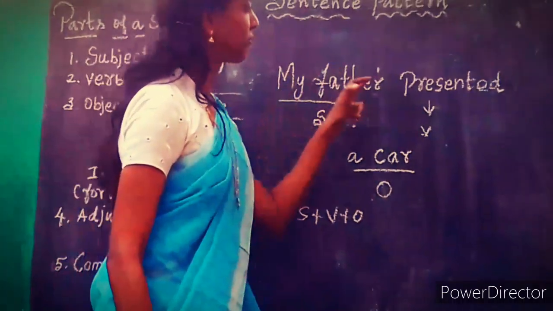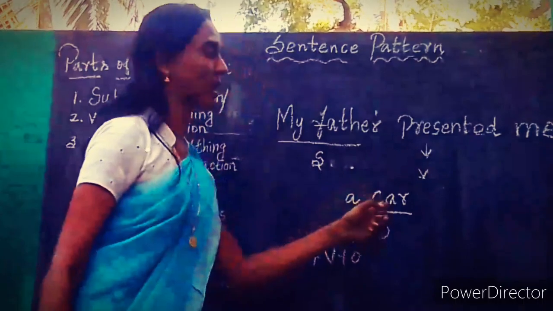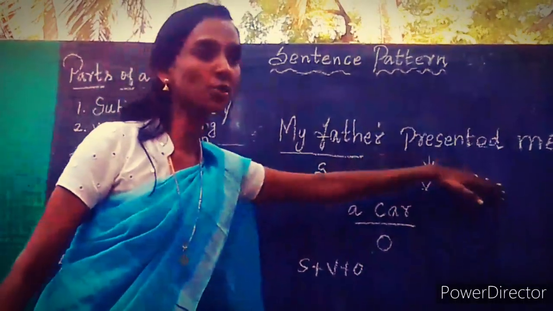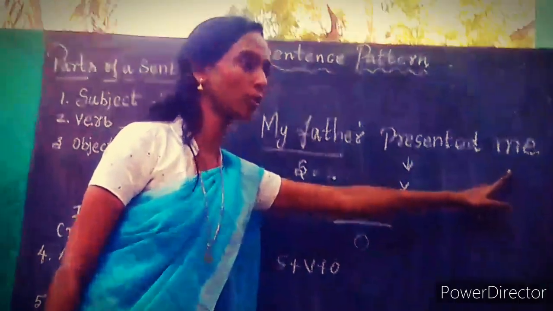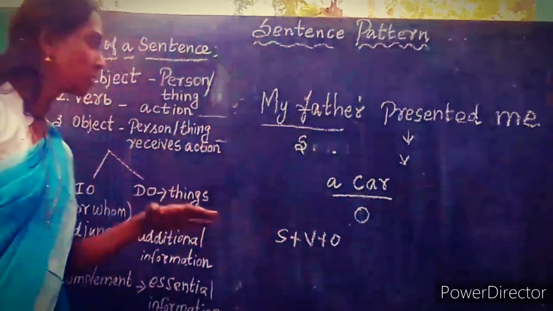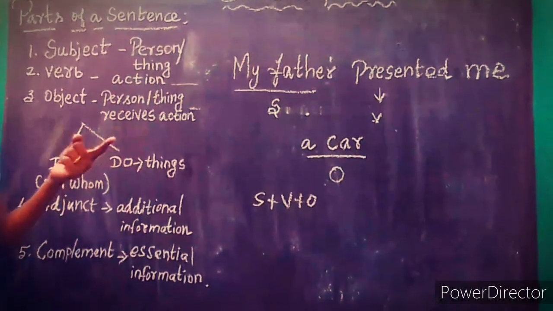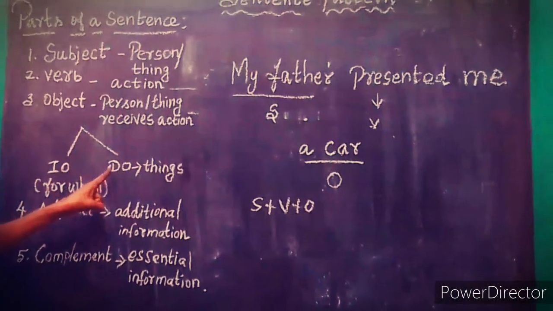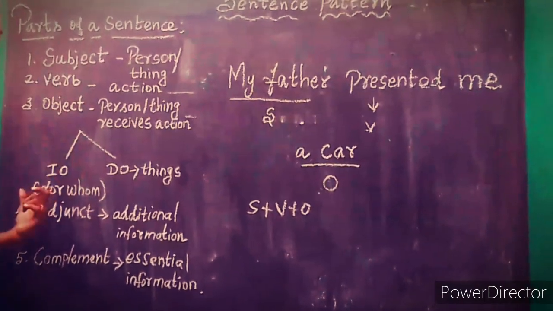Now see here, my father presented me a car. Here, how many objects are here? Two objects. Me is also an object. But what type of object? Whether it is an indirect object or direct object. I told you, for things you have to use direct object. For whom it represents, that is indirect object.